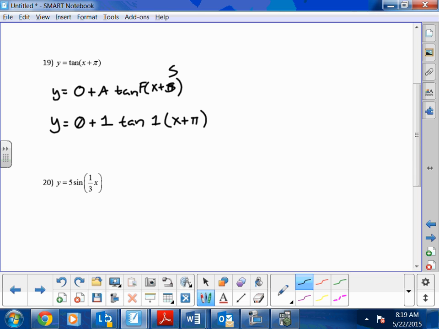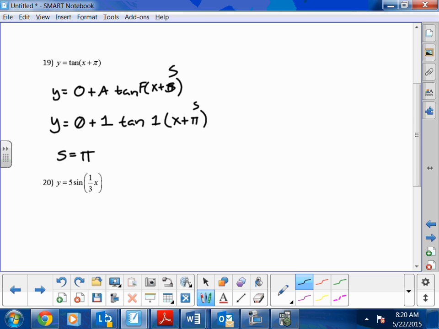So that means our starting point is going to be shifted by plus pi. So let me write down that our starting point is going to be at pi.